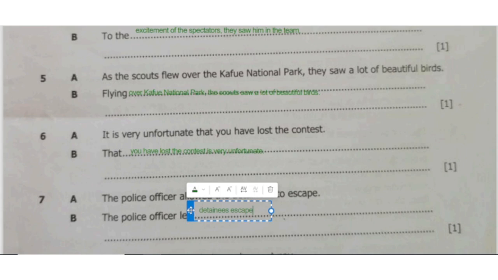So not to escape, but escape. Let the detainees, sorry, what am I saying? Let the detainees escape. So you don't include to, you skip to. Okay, so the police officer let the detainees escape.